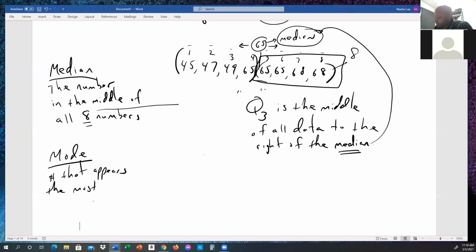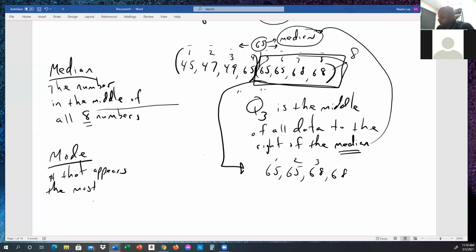So that means I only want to look at these numbers here. I'm going to draw an arrow and write down 65, 65, 68, and 68. So I need to find the middle of this data. Okay, I've got 4 numbers, 1, 2, 3, 4.